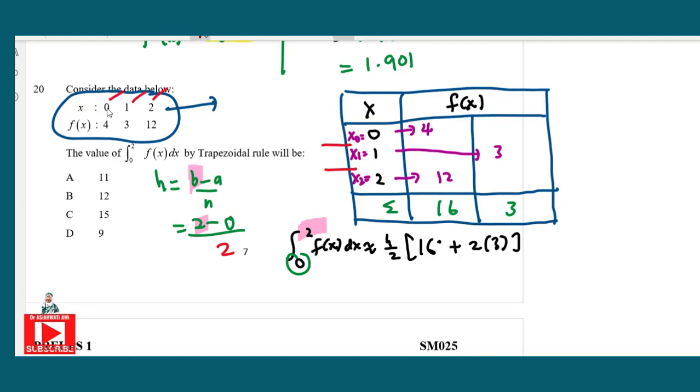So the subinterval n is equal to 2. Then 2 minus 0 over 2, h is equal to 1. So substitute 1 here and find the result: 16 plus 6, 22, and half of it is 11. The answer is A.